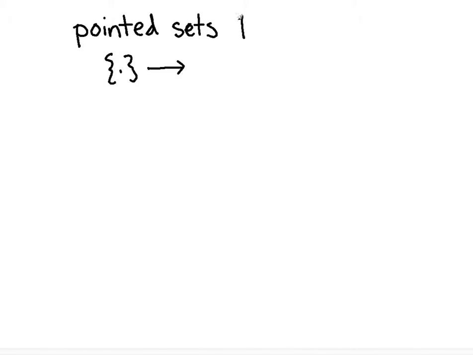So if we call the pointed set P, this picks out an element of P. Now notice that the empty set cannot be pointed because there's no function from the one element set to the empty set. You have to choose something to assign this to, and the empty set doesn't have anything that it could possibly map to. So the empty set is not a pointed set.